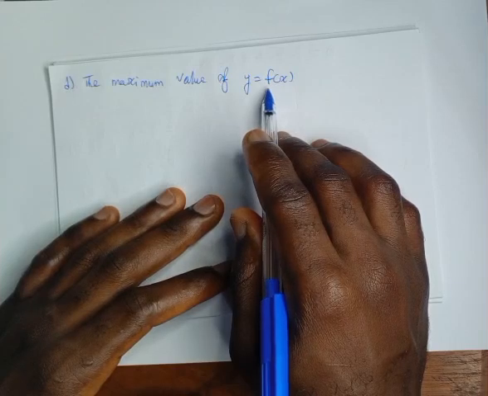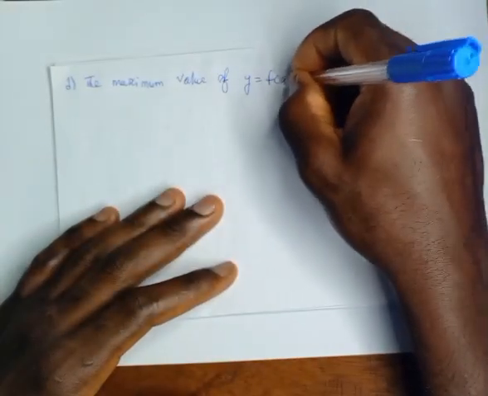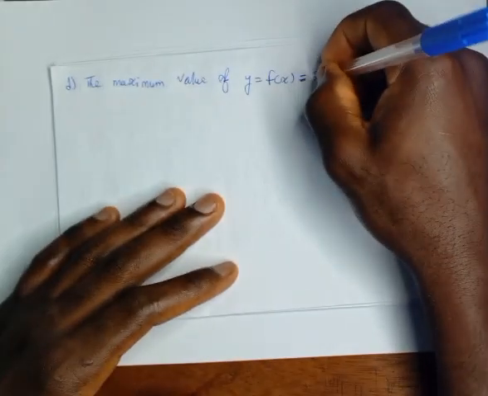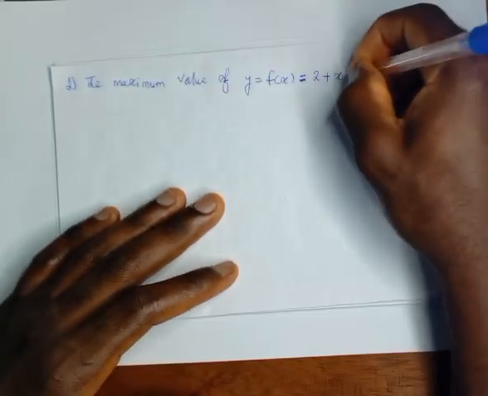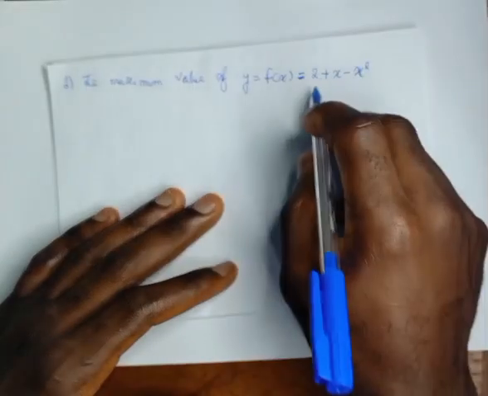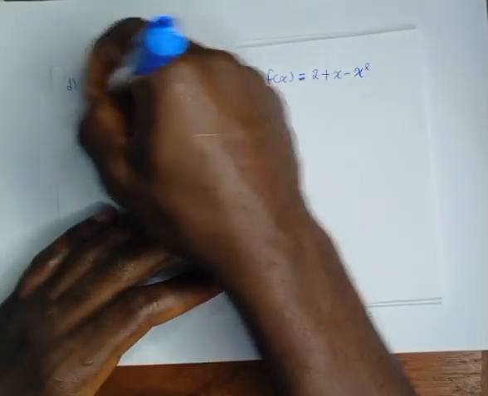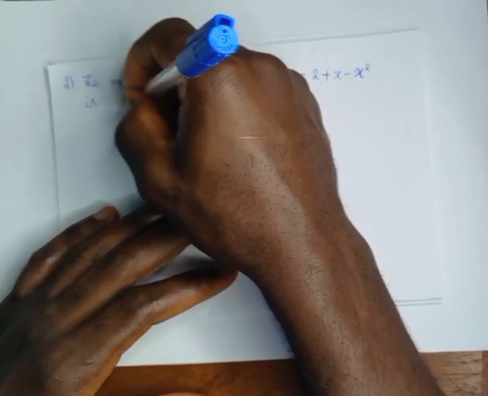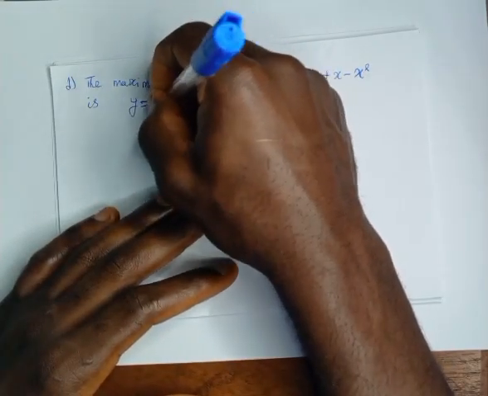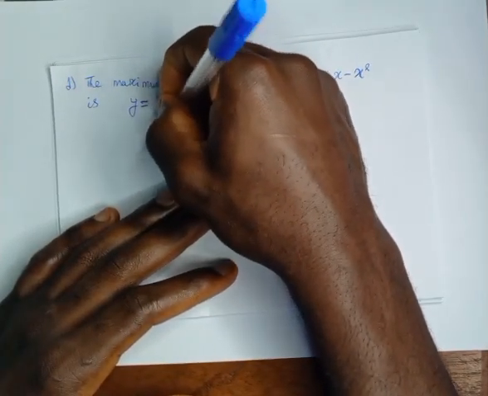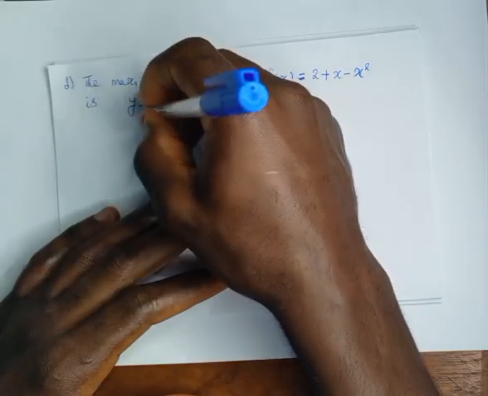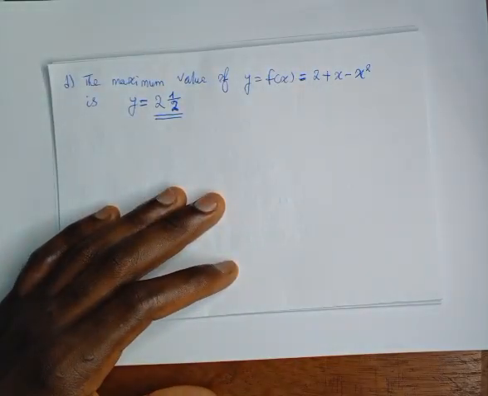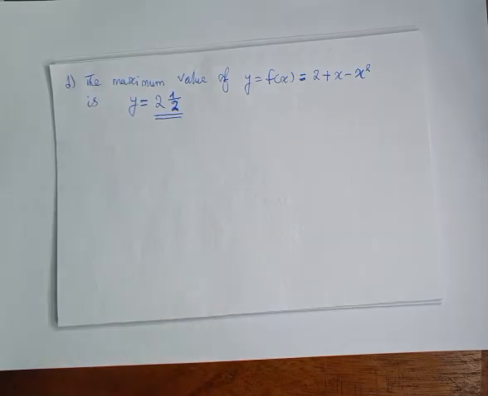That means a function of x, which is, let's write it by the side so that people don't get confused, which is 2 plus x minus x squared. You can see this is a function of x, y equal to, from our graph, y equal to 2 and a half. So this is the maximum value the function takes for y, which is an estimated value.